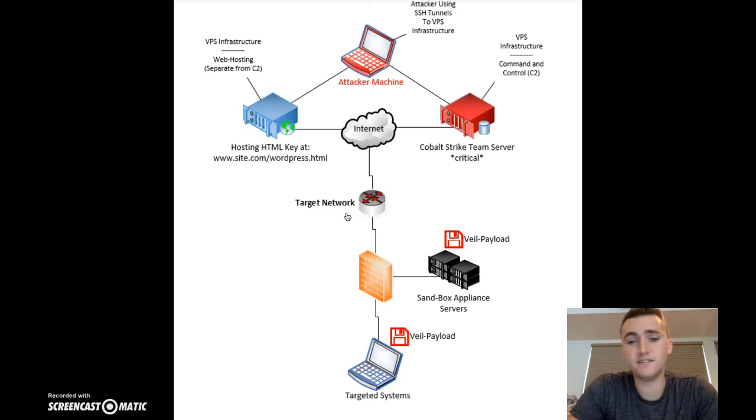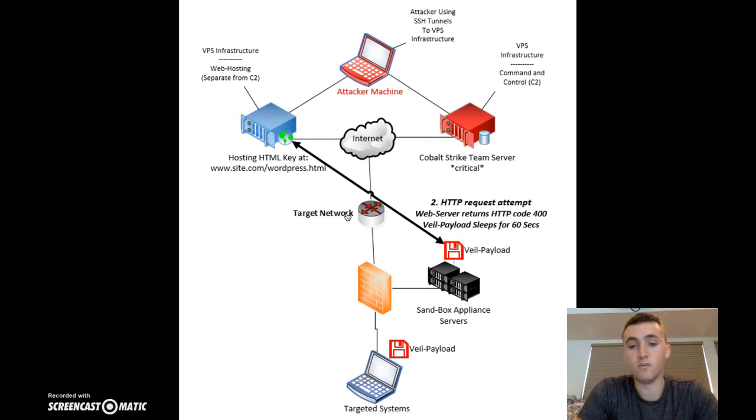So every 60 seconds, the Veil payload, once deployed inside, or most likely scraped through content filtering or some other method with their email filters, will basically be able to run the payload just like your regular target system would. But the difference is the attacker will not engage that generated HTTP key, which is the HTML source code.